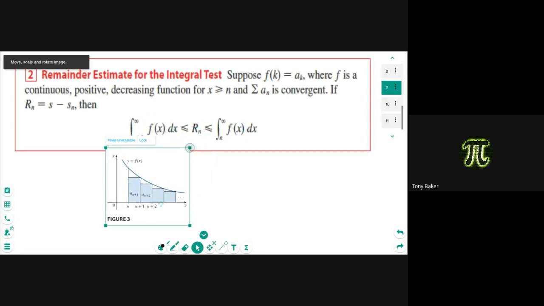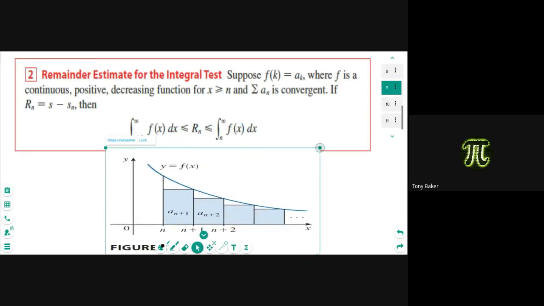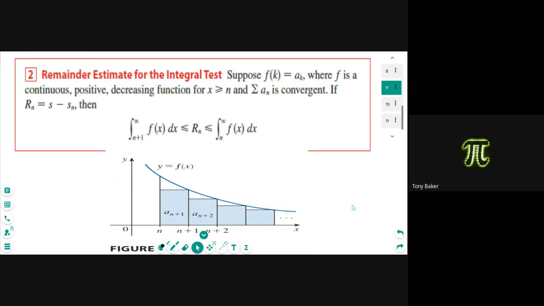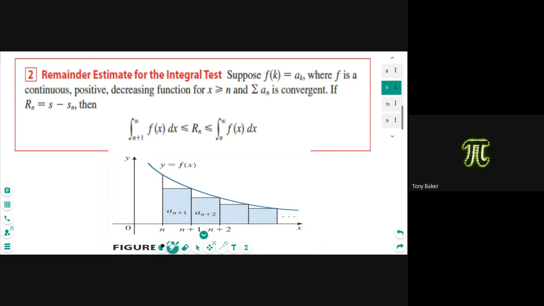All right. So here's my picture. So if we have some n value, doesn't matter where that n happens to be. So n could be 10, 12, 20, 30, whatever it happens to be. Each of those blocks would be the sum of whatever was left over, all the way out to infinity, correct? If I took the integral, I'm going to have those blocks plus an ever decreasing little extra, right?